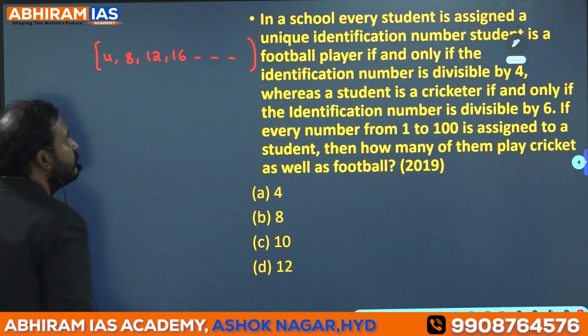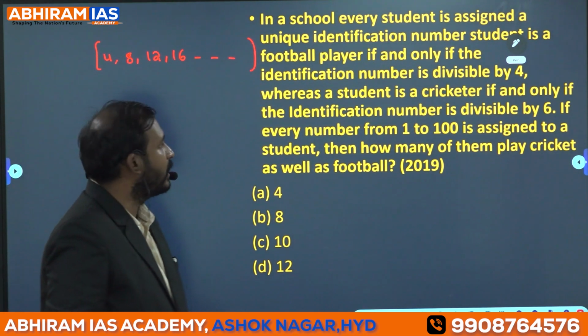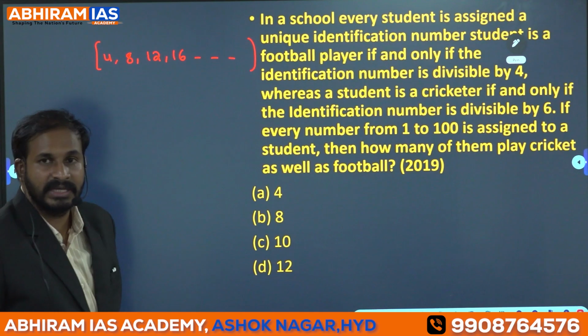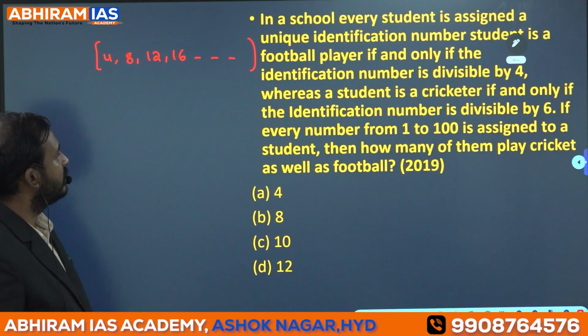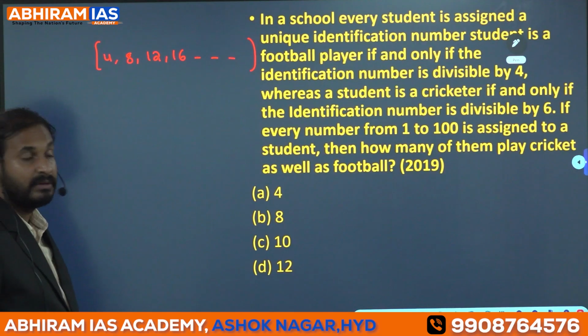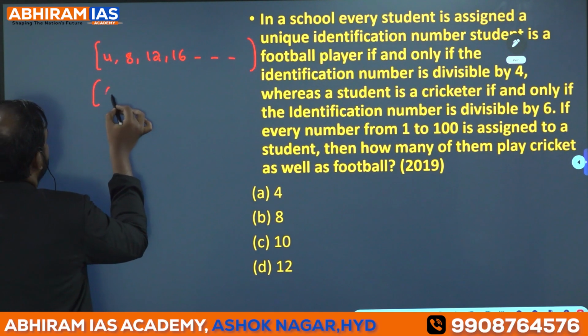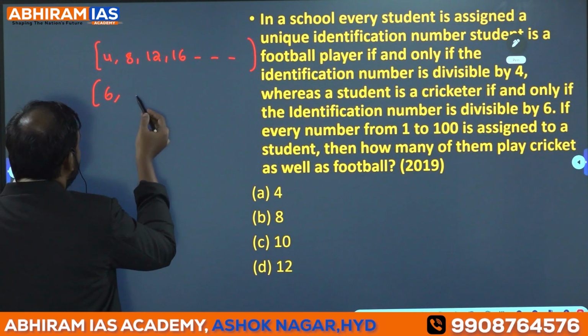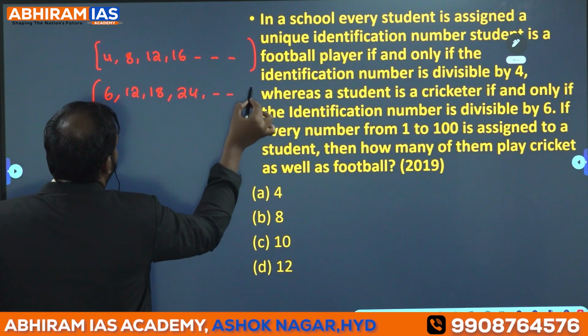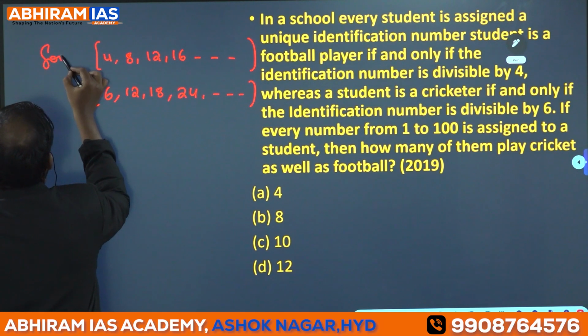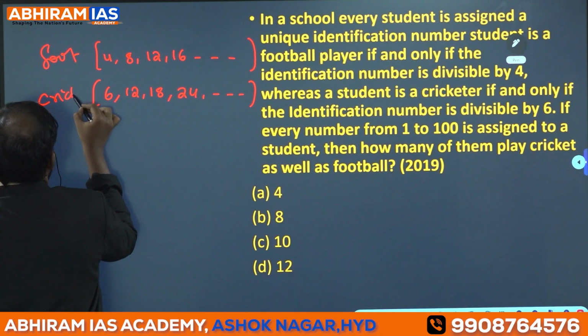Why? Because those numbers should be divisible by 4. Football players will be assigned with these numbers. Next, a student is a cricketer if and only if his identification number is divisible by 6. That means what are the numbers allocated to him? 6, 12, 18, 24 and so on. This is for football players and this is for cricketers.